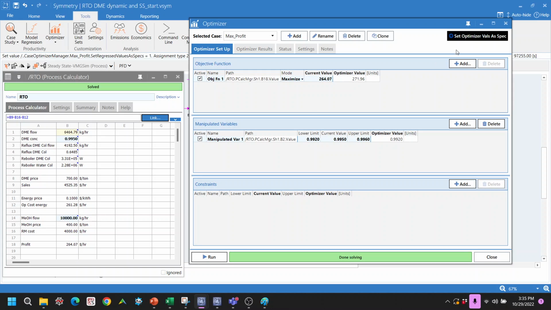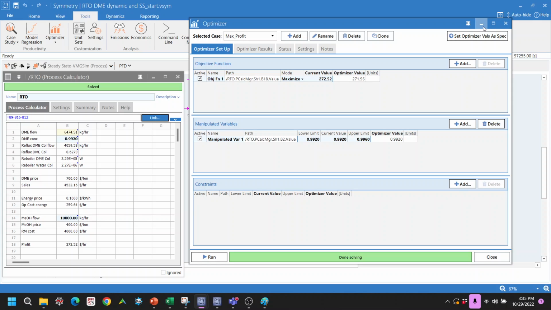If I do this, it will try to resolve again. So now I put 99.2 over here, and the profit is 272. It's not exactly the same as the previous one, but it's about the same.